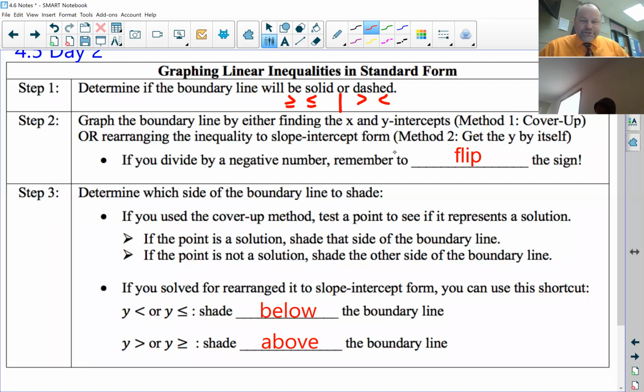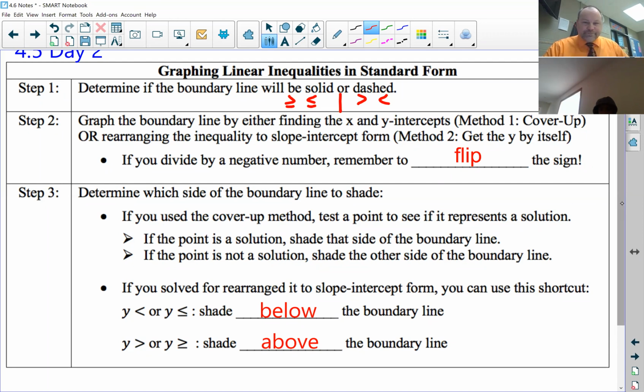We called that method 2 on Thursday. One thing to be careful of, if you rearrange to get the y by itself, if you have to divide by a negative number, you have to flip the inequality. So if it was greater than, it flips to less than. If it was less than, it flips to greater than.